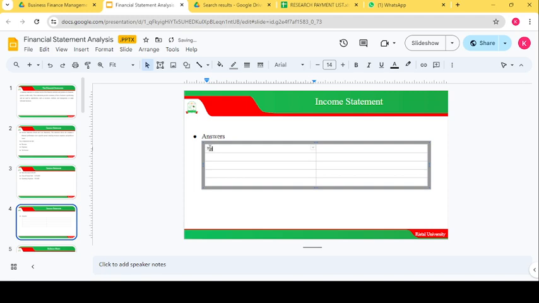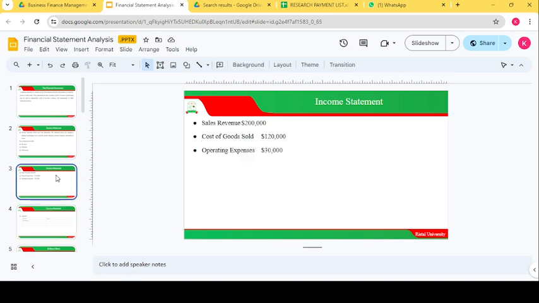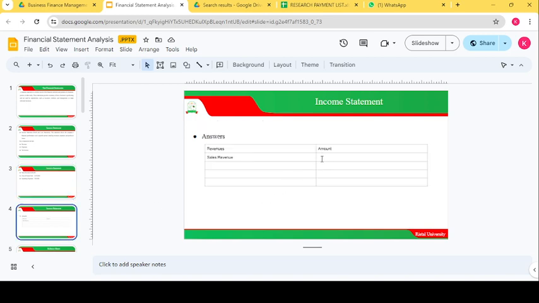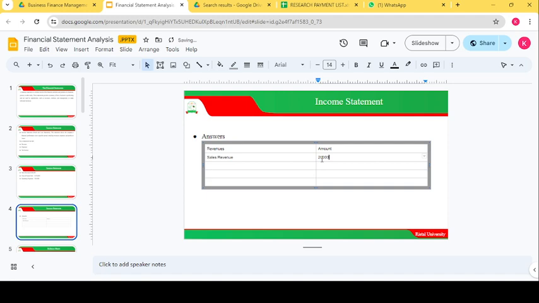This should be our revenues, and then this one should be the amount. So we have the sales. We are given our sales revenue, the amount which is given to us, our sales revenue, is 200. So we are going to put here $200,000.